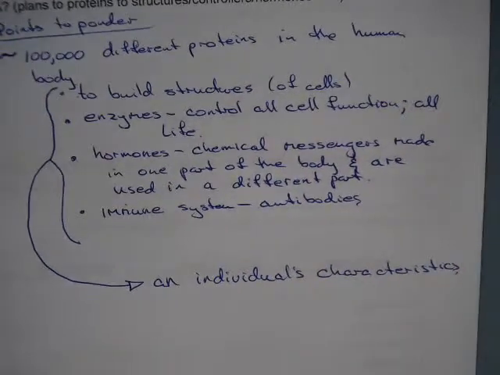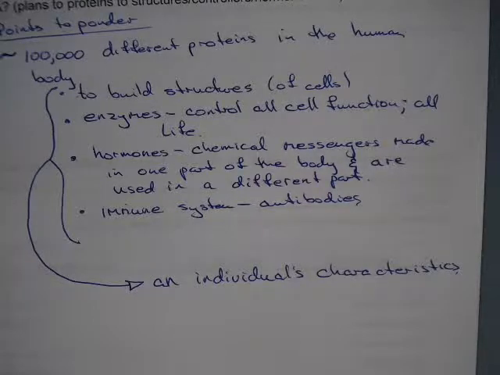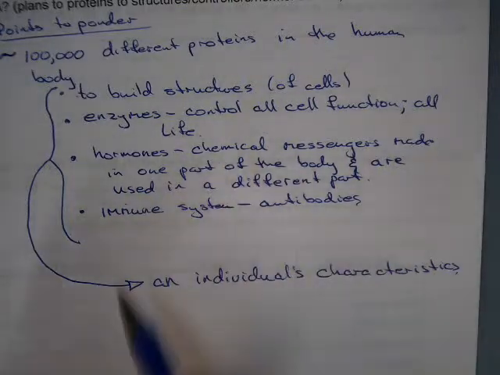Okay? Not only the characteristics that you can see, like hair color, eye color, skin tone, and that, but how your body actually works too. Okay? All of these things fall into this category.